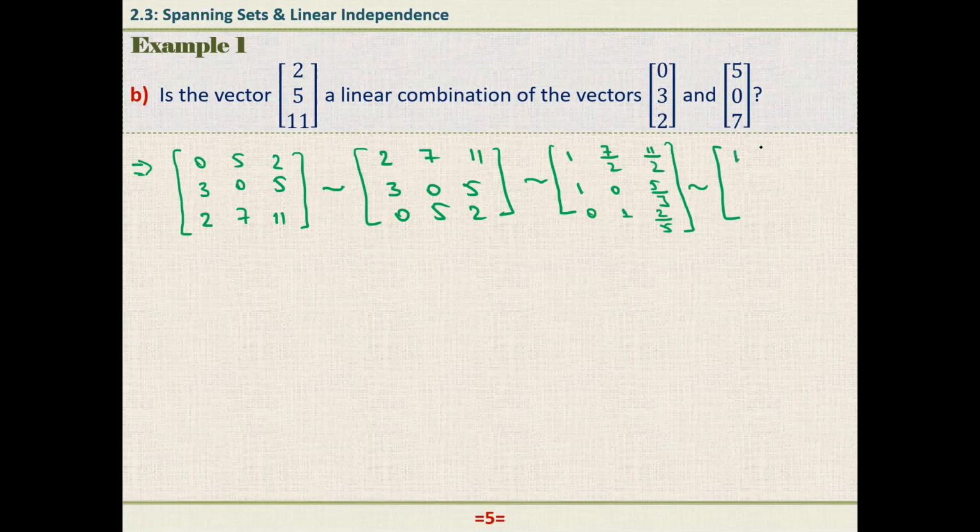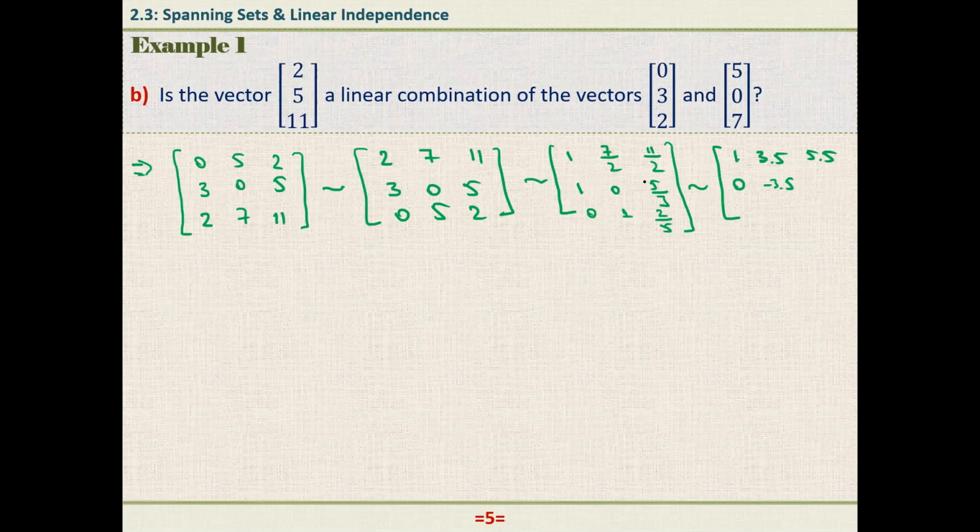Right. So now if you multiply the first row by negative 1 and add to the second row, we will have here 1, 7 over 2, 11 over 2. And I can just write it as decimals, I think. Here we have 3.5, 5.5, and here we have 0, and here we have minus 3.5, right? And here we have 5.